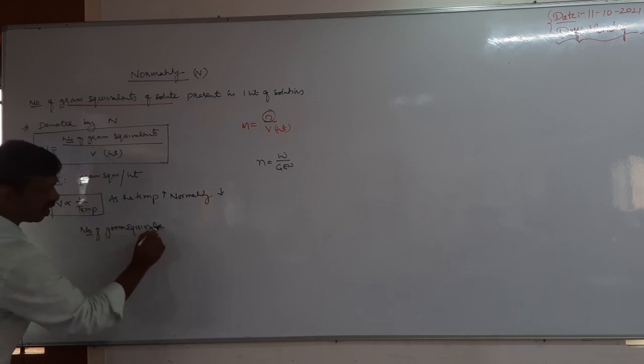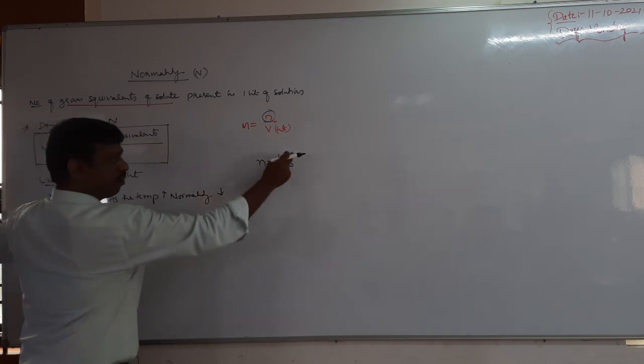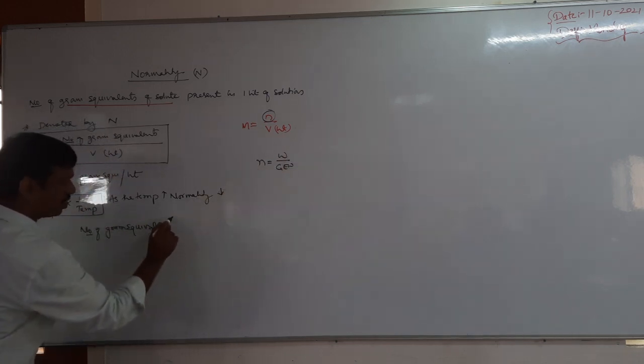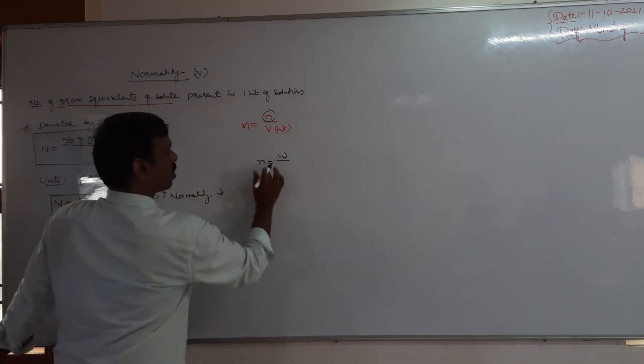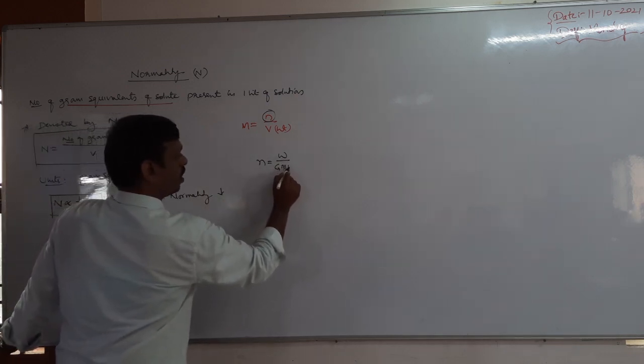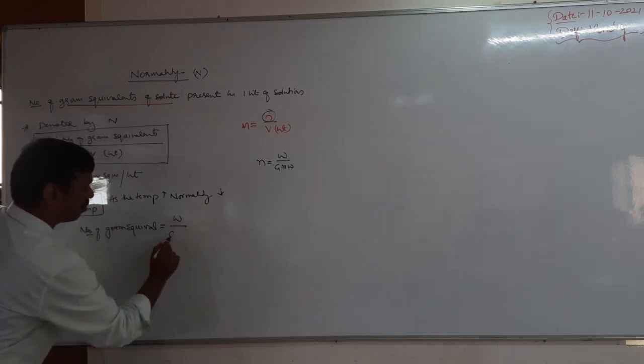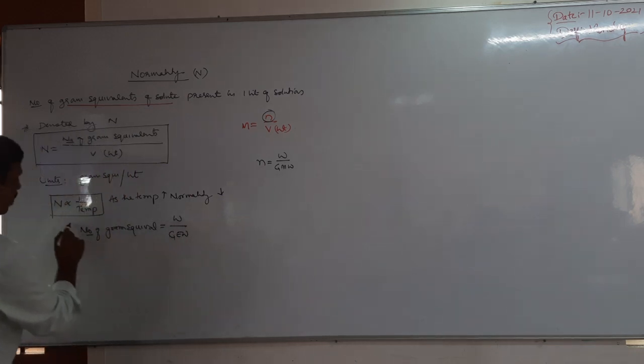Number of gram equivalents is equal to weight by gram equivalent weight.